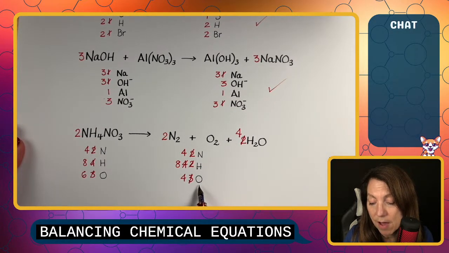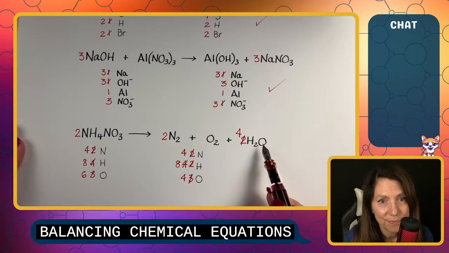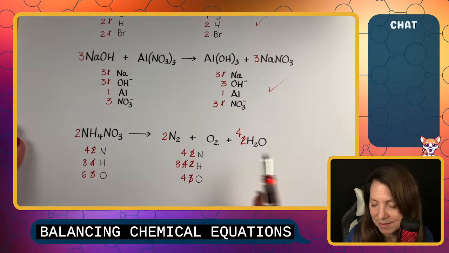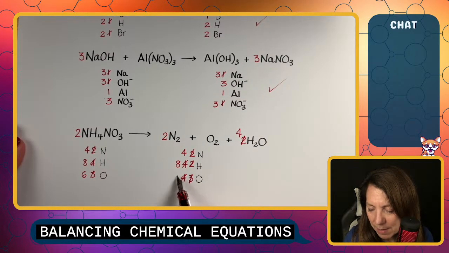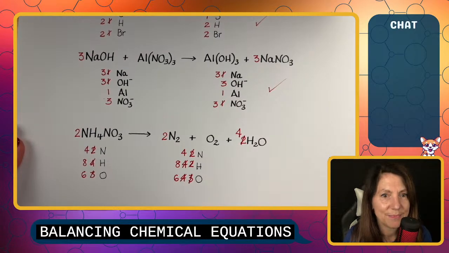And the number of oxygens on the product side now, we've got 4 that are coming from this water, because we have 4 waters, 1 oxygen each. And we have an O2 here, right? So we add all those up and we get 6 oxygens on the product side.